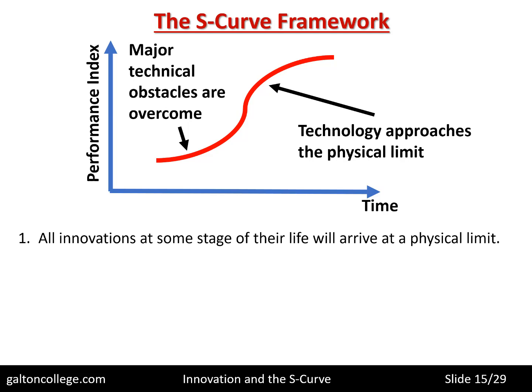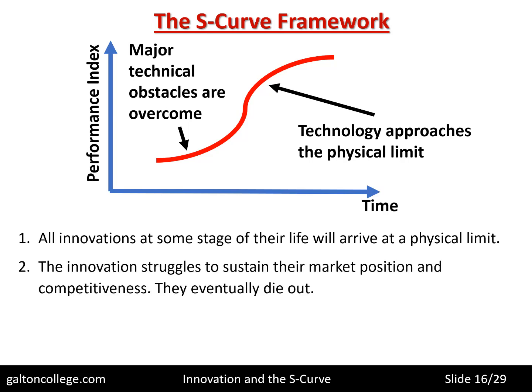Or it could perhaps get rid of this one and get the latest technology with extra functionality, extra reliability, but also greater capacity. So there is a replacement of the particular machine. At the very top, the innovation struggles to sustain their market position and competitiveness, and they will eventually die out.